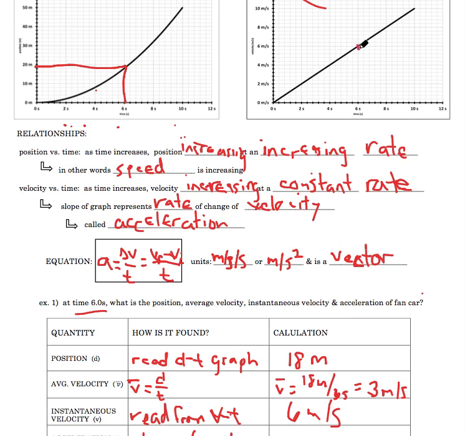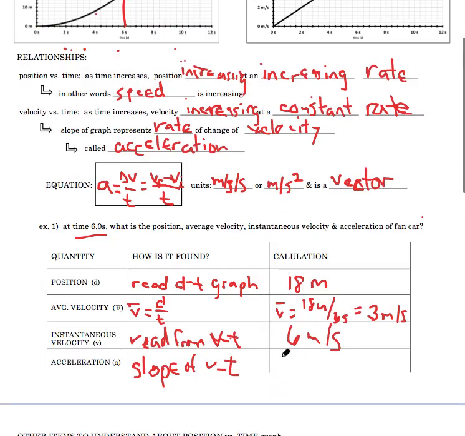So there's our point right there. So that's going to be 6 minus 0 meters per second divided by 6 seconds, and that means we were accelerating at 1 meter per second per second.